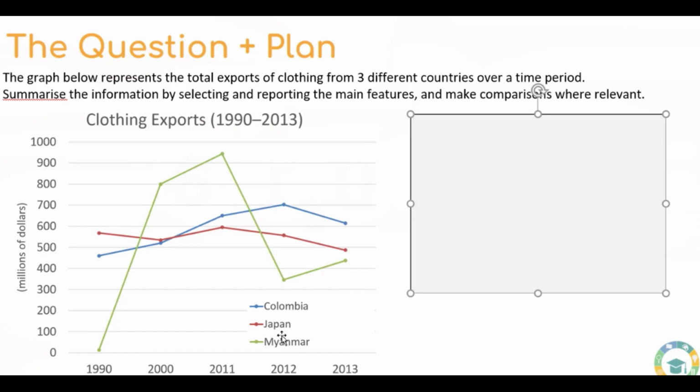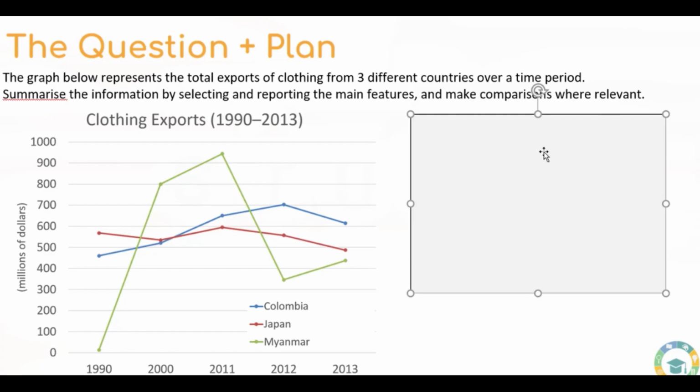I could group by country, although if I was to group Colombia and Japan in group 1 and Myanmar in group 2, that would mean detailed paragraph 2 would only discuss Myanmar. So, to be able to compare in each detailed paragraph, I think it's better to use the dates to give me more idea about what I can compare in each detailed paragraph.